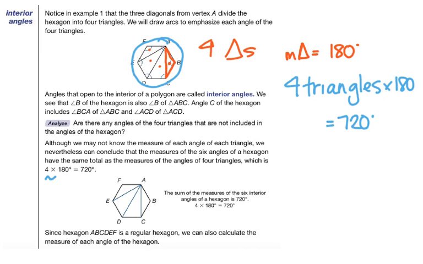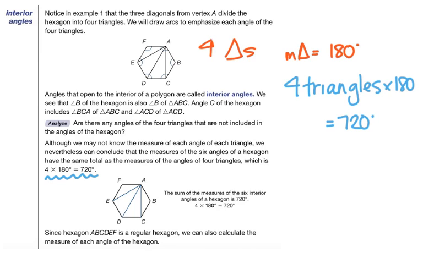And you can see they've done that over here. So this entire hexagon, all of these angles are going to add up to 720 degrees, because this triangle is 180, this triangle is 180, this triangle is 180, and this triangle is 180, which means that every single one of these angles, when you add them up all together, is going to be 720 degrees.